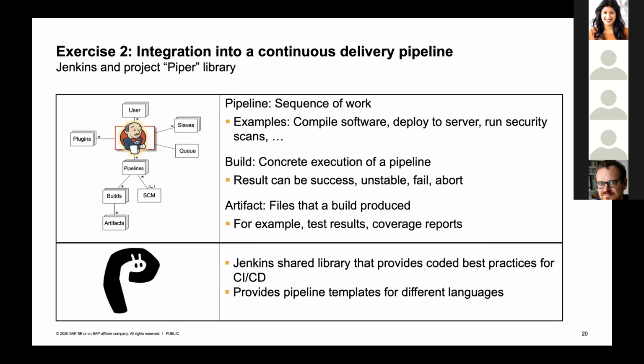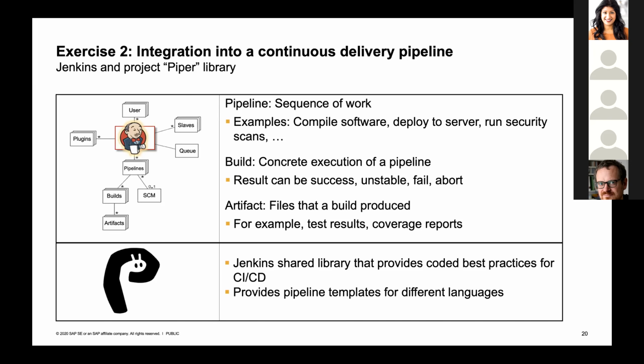Jenkins supports the complete development lifecycle of software development, from building, testing, documenting the software, deploying it to a server, as well as other stages of a software development lifecycle. Then we have SAP Project Piper. It helps you to get your software changes out into the cloud in a quick and reliable manner.